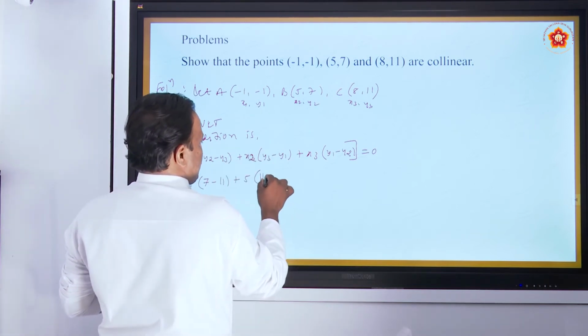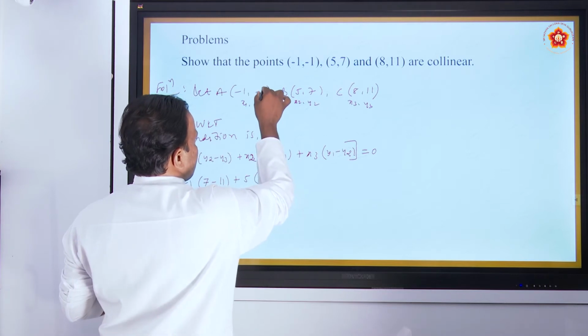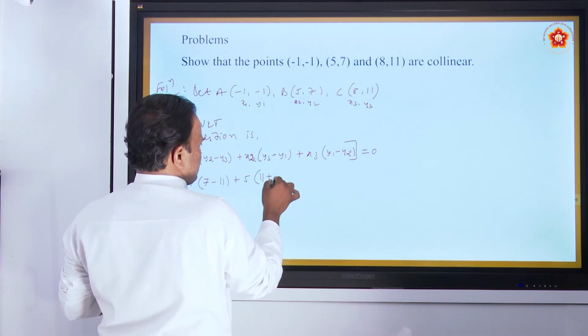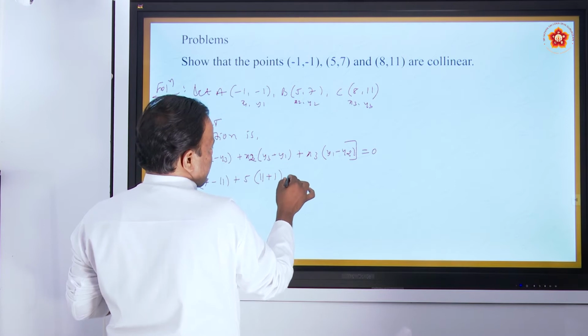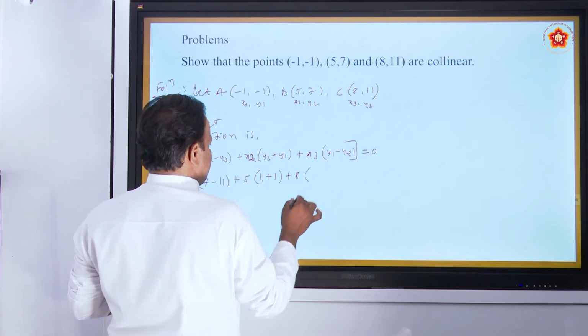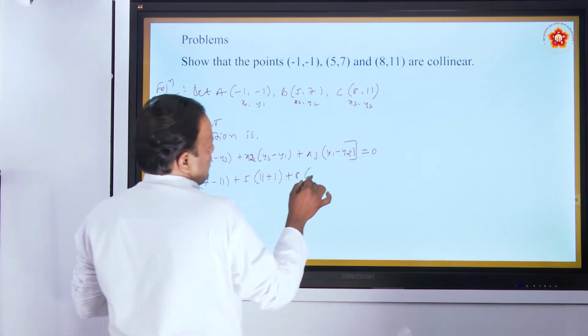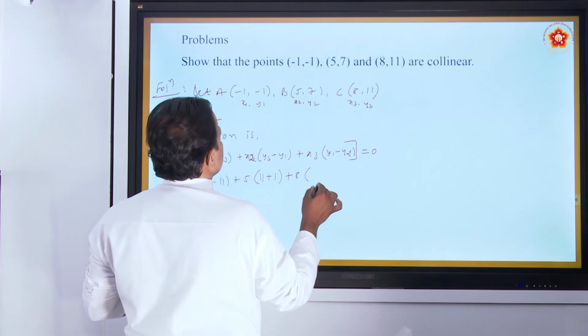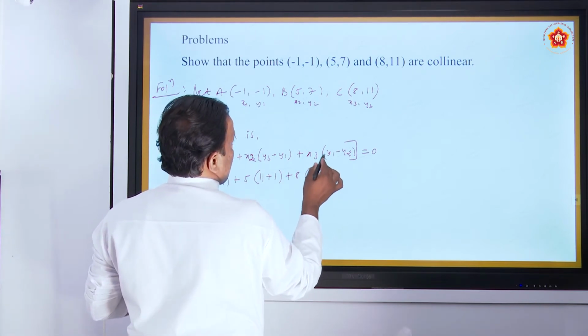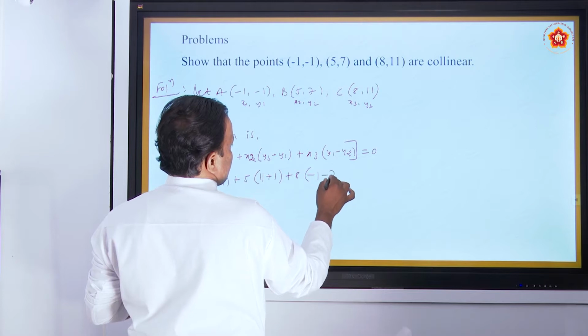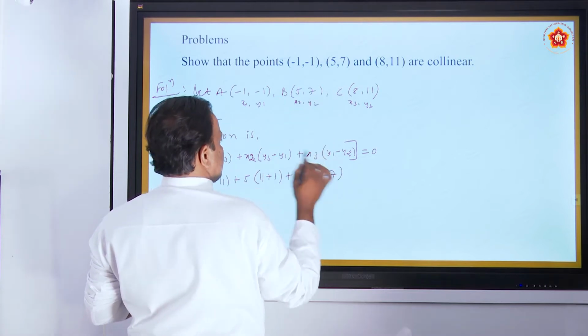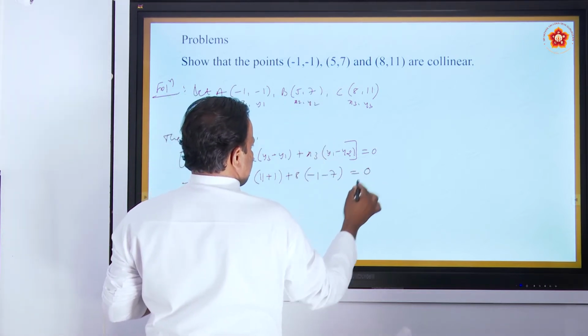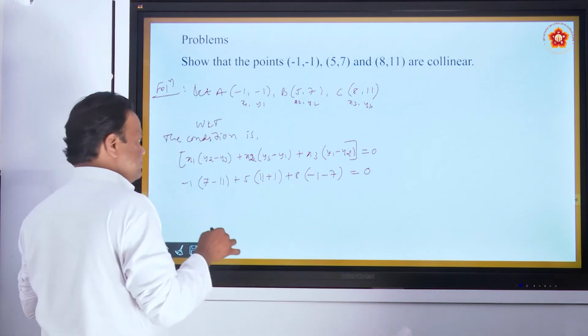Next, minus y1. y1 is minus 1, so this minus becomes plus 1. Plus x3, which is 8, correct? What is y1? y1 is minus 1. What is y2? y2 is minus 7 here. So you have to show that this expression's answer is 0.